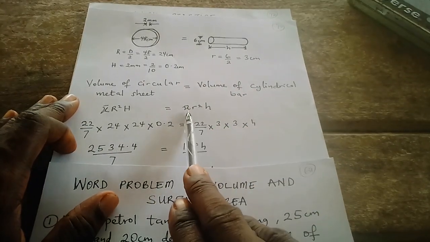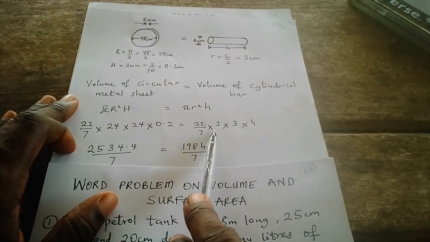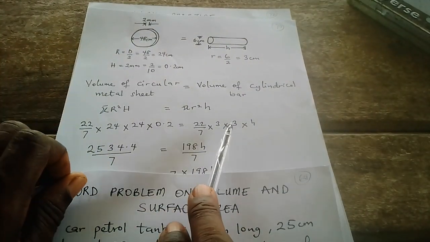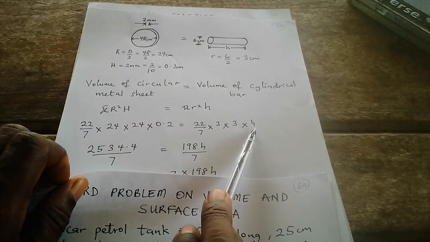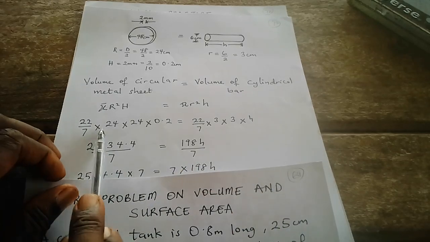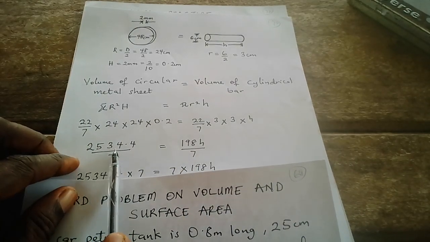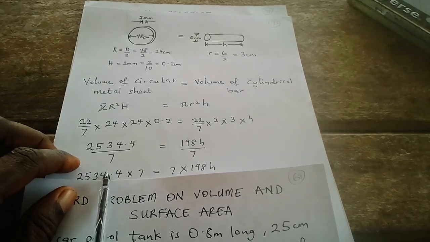now the pi is 22/7 times the radius here is 3, then r squared is 3 times 3, times the height, which you don't know. Now if you multiply this, you get 2534.4/7.